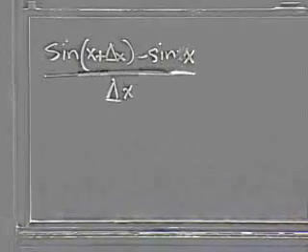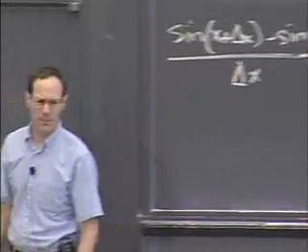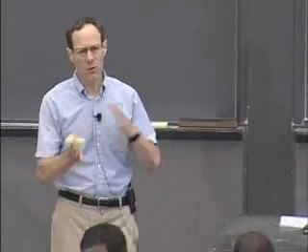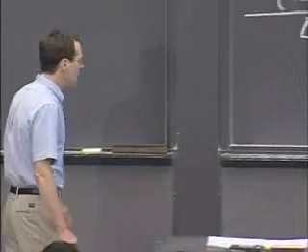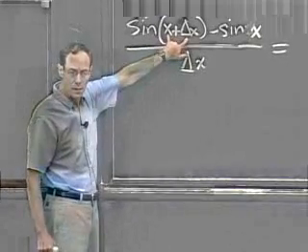This is the difference quotient, and eventually I'm going to have to take the limit as delta x goes to 0. There's really only one thing we can do with this to simplify it or change it, and that is to use the sum formula for the sine function.